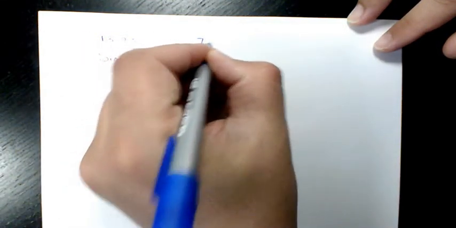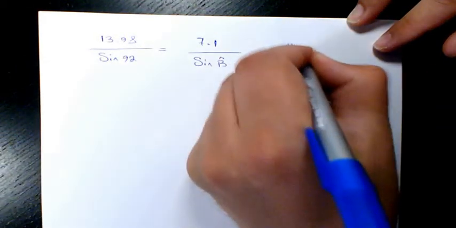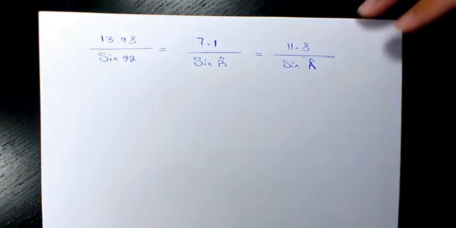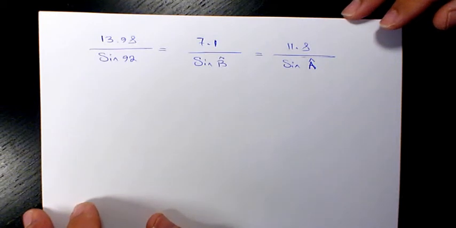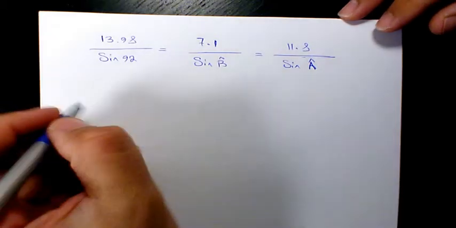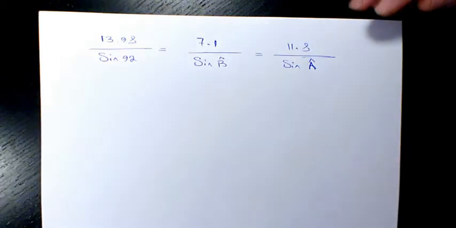So I can say 13.98 over sine 92, 7.1 divided by sine B, and 11.8 over sine A. If you don't know how to use Sine Law, I'm going to leave a Sine Law video in the description in case you need to know how to use Sine Law or what kind of examples we have.